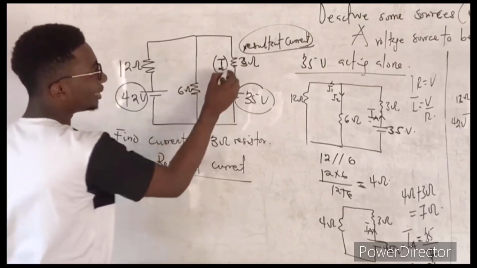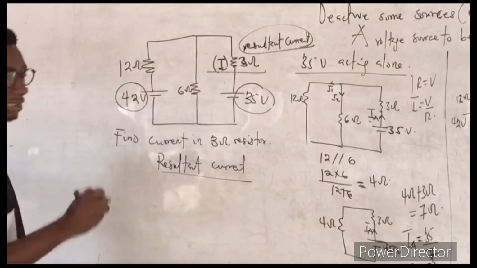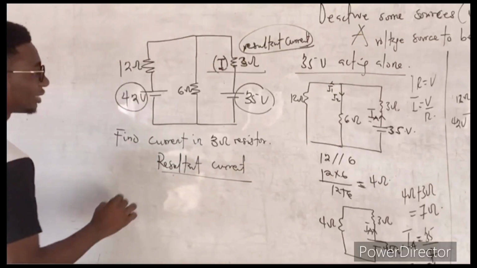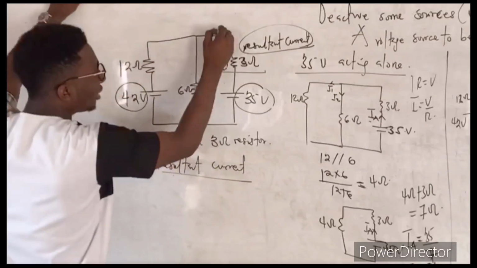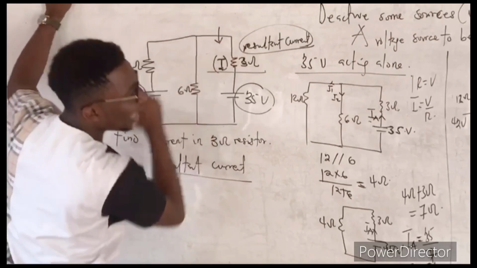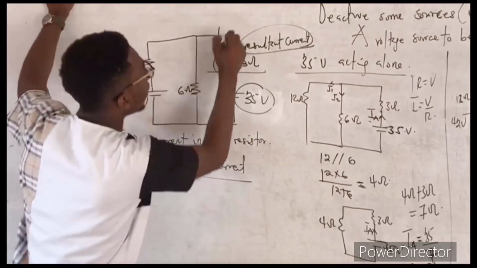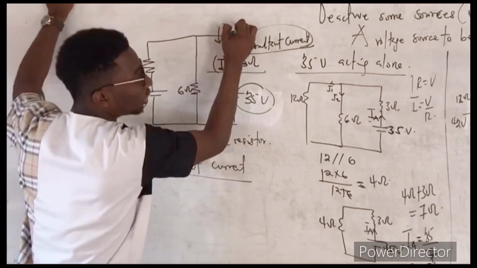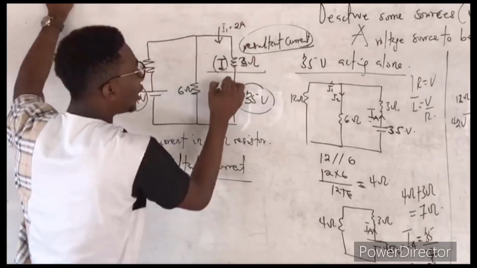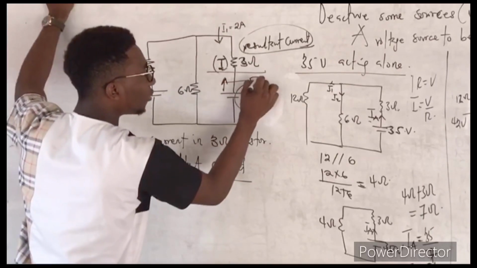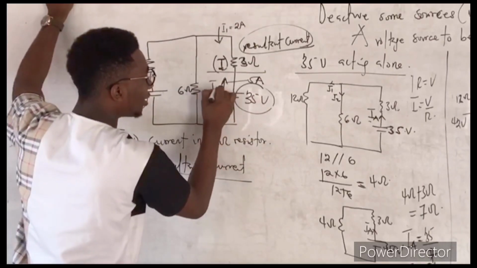So now when you want to find the resultant current that will pass through this 3 ohm resistor, it is simple. We have a current that is coming downwards, which is I1, 2 ampere, and you have a current that is going upwards like this, which is IE, 5 amperes.